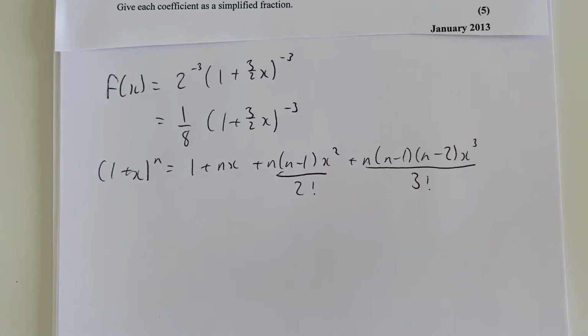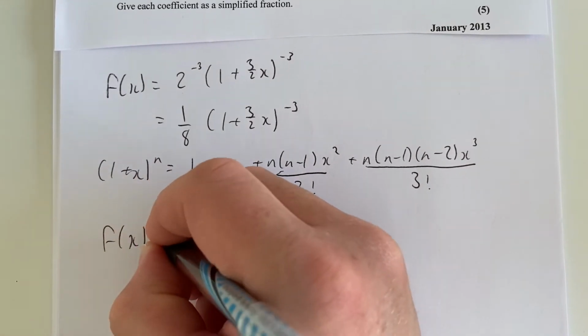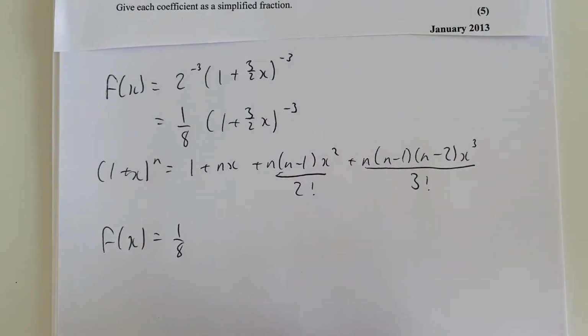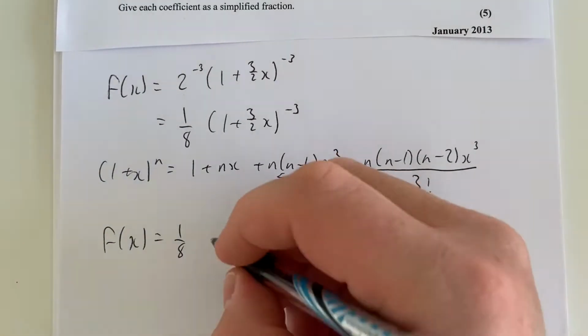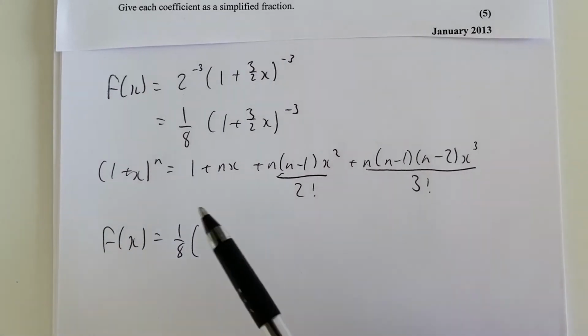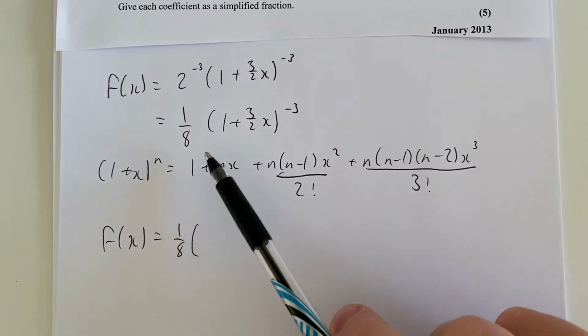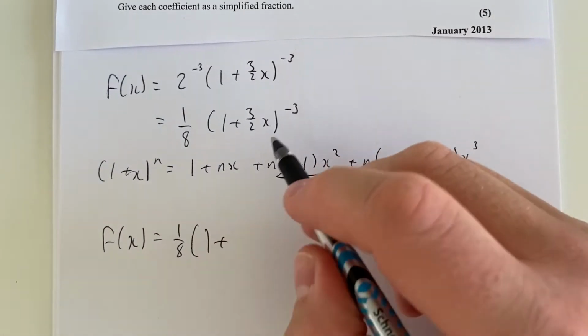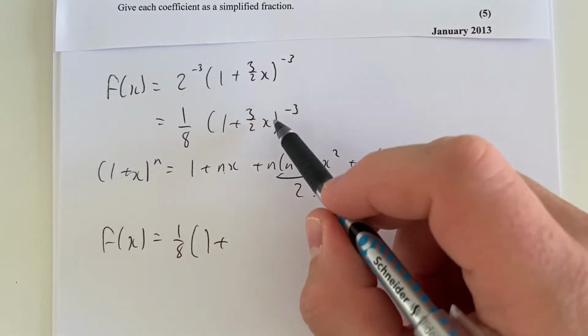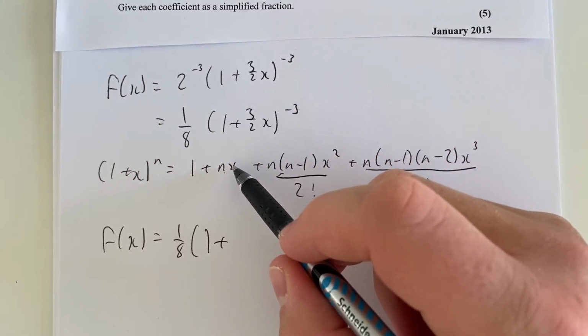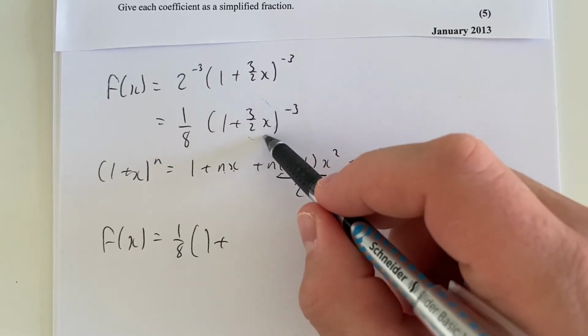So if we say, we're forgetting the eighth for now, I'm going to put that out at the front as something we'll multiply by at the end. But we have 1 plus n is our power, and x is actually the entirety of this term here.